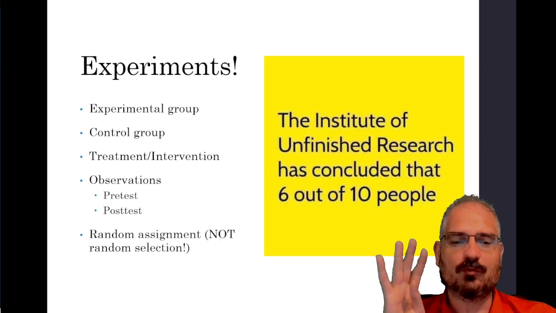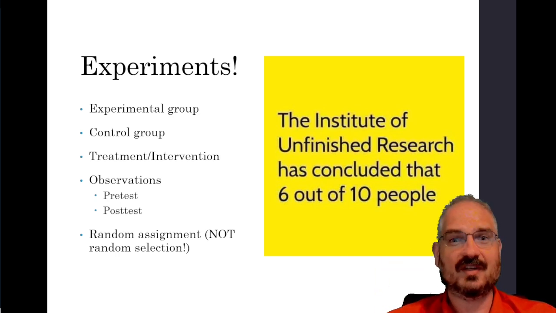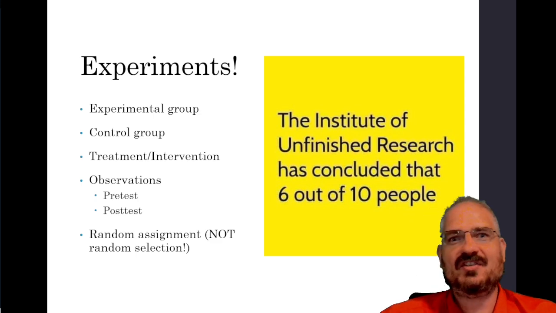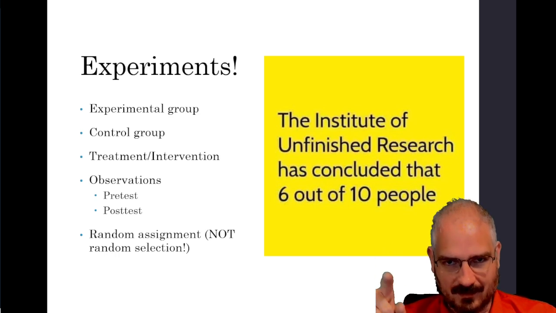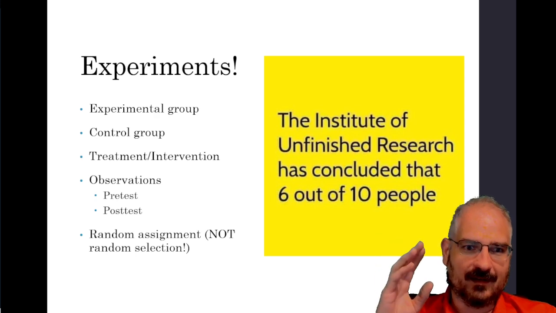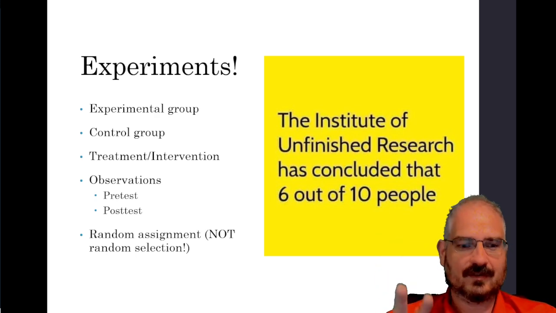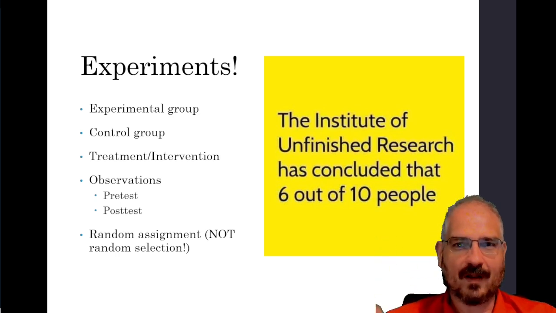And then 4, you need random assignment, which many students often get confused with random selection, but random selection is about sampling. Now we're talking about actually gathering our data, dividing people into groups, and since we have at least 2 groups, to be a true experiment, we have to randomly assign them to one of those 2 or more groups, right?